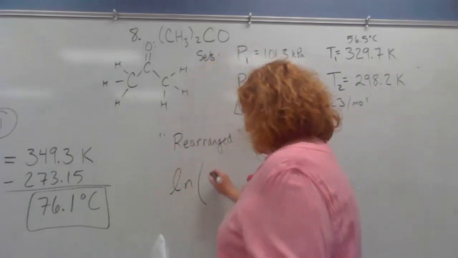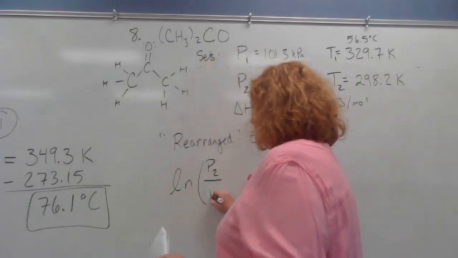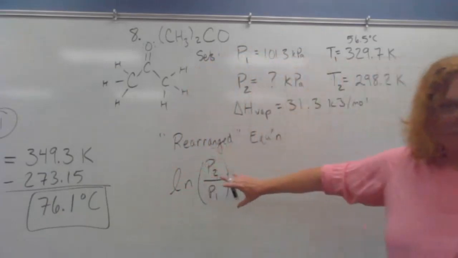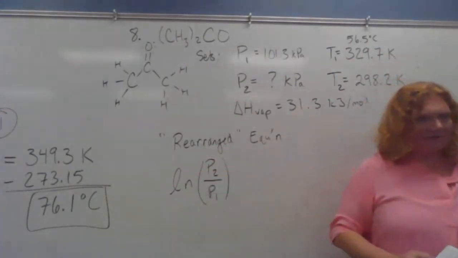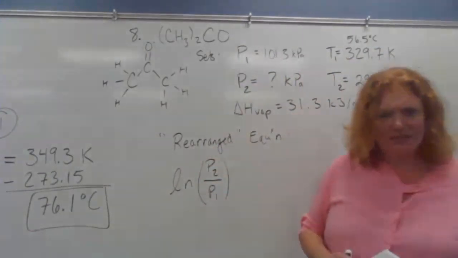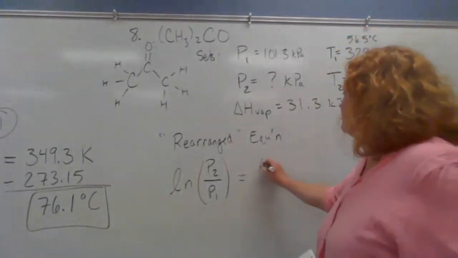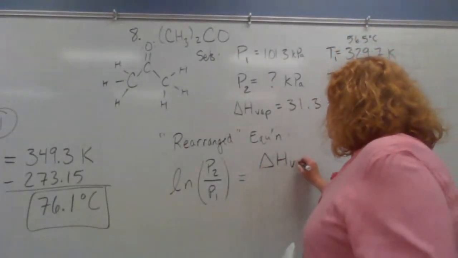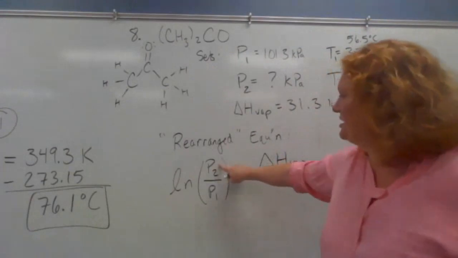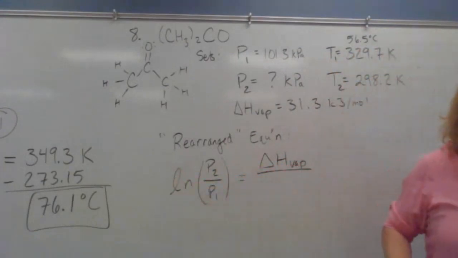It's already set up to solve essentially for one of these pressures, right? Isn't it? Okay. What do you need to do, though, in order to get pressure out of the natural log?